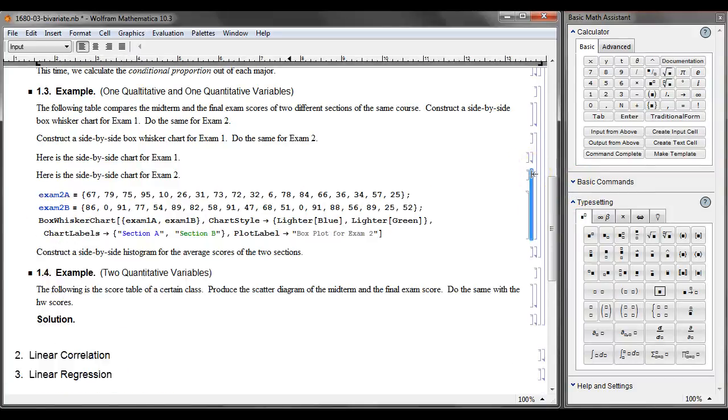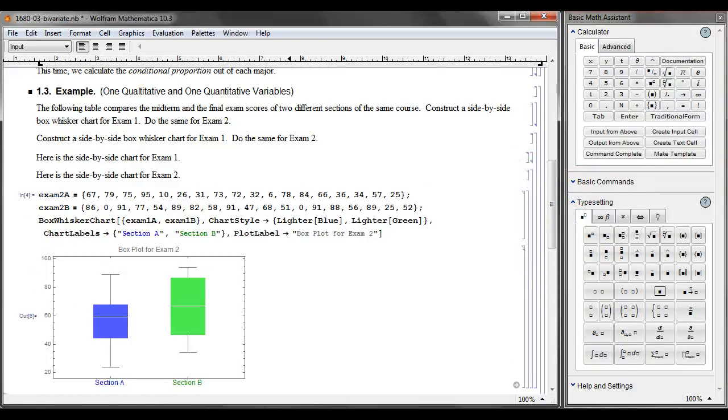You can do the same thing for the second exam score. As you can see, we have a little bit more concentration for blue, section A, and then in section B, scores are a little bit more spread out.